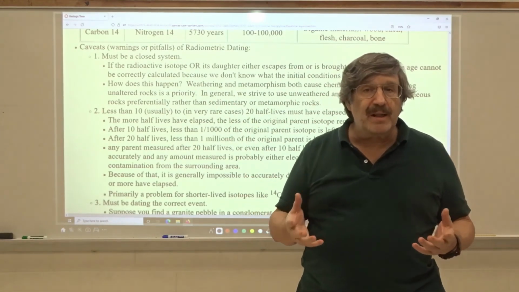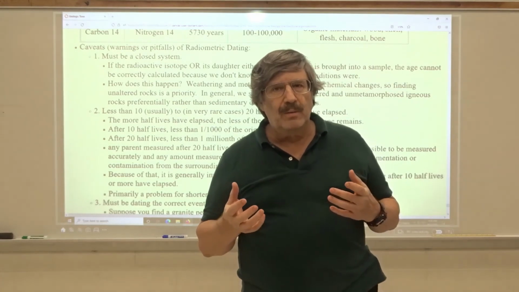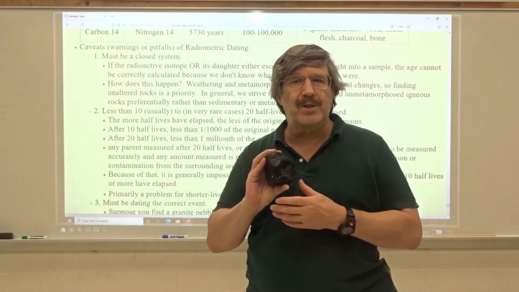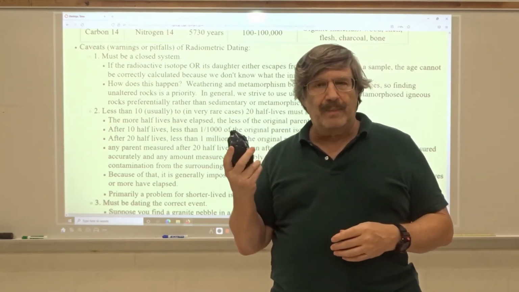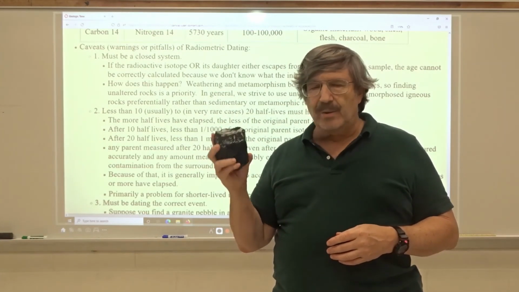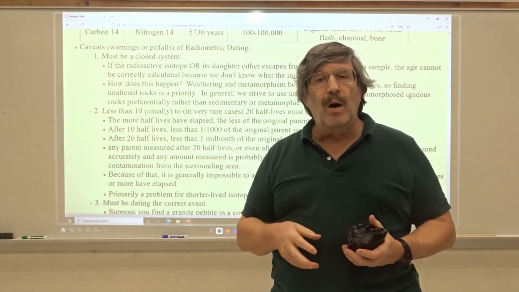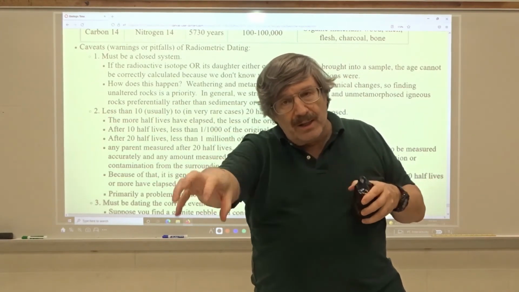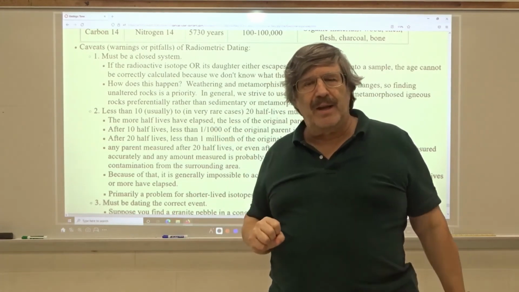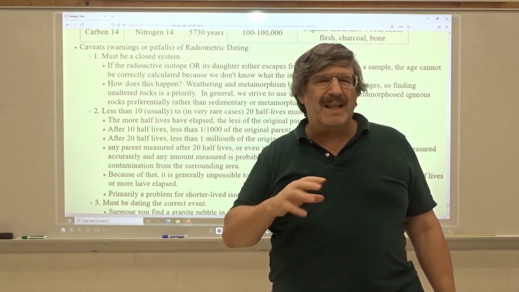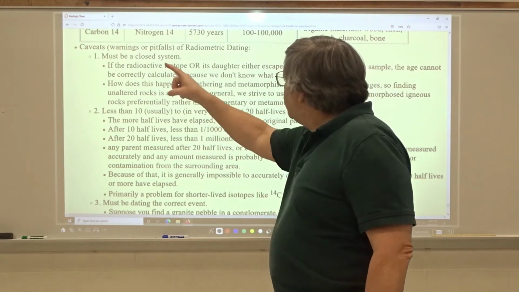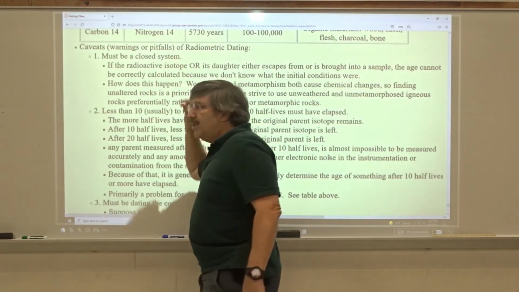So the best thing to use for radiometric dating is typically an unweathered piece of igneous rock. And by unweathered, that means either a nice fresh piece like this, or one where you find a large igneous rock and cut it out until you can take a piece of rock out of the center that has not been weathered. So that's, generally speaking, what you want to do to make sure that you have a closed system.